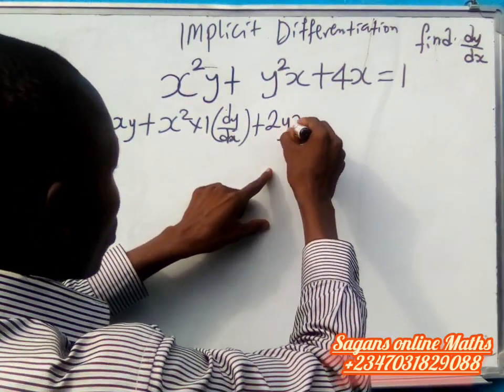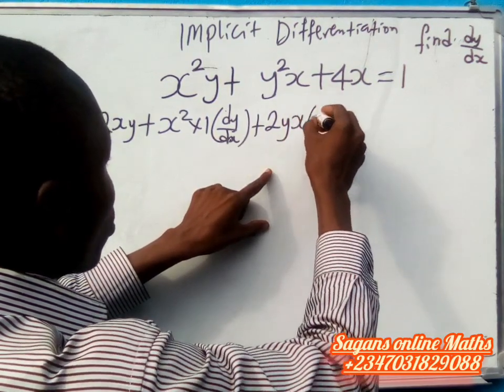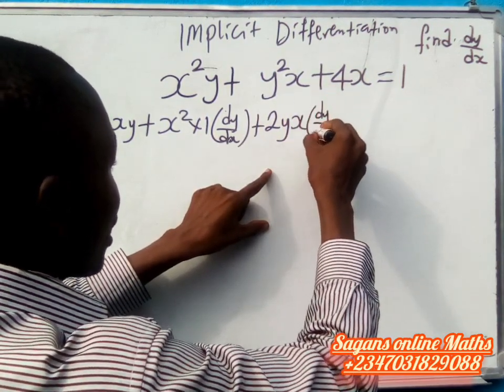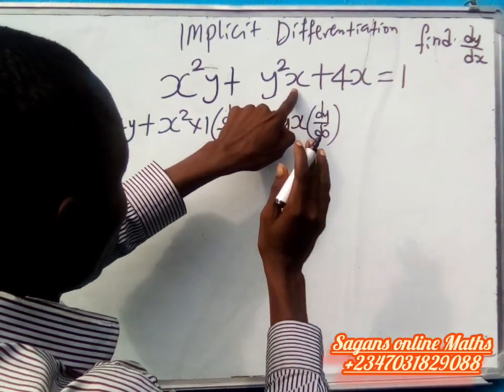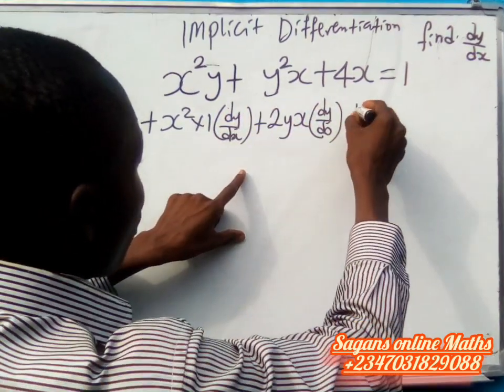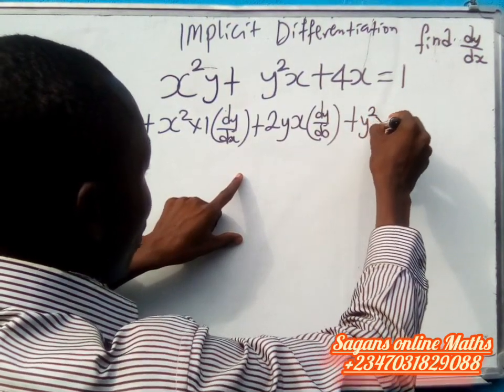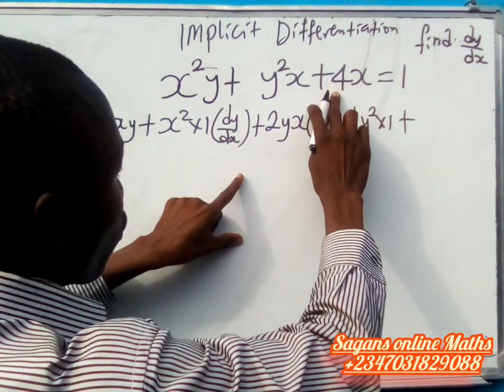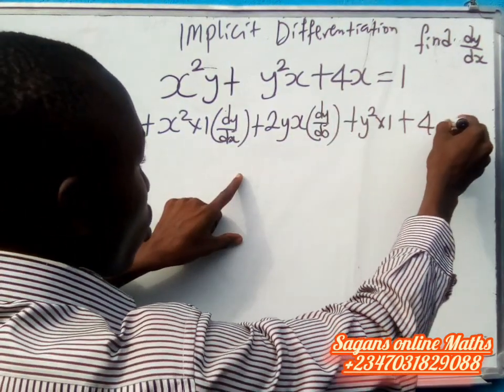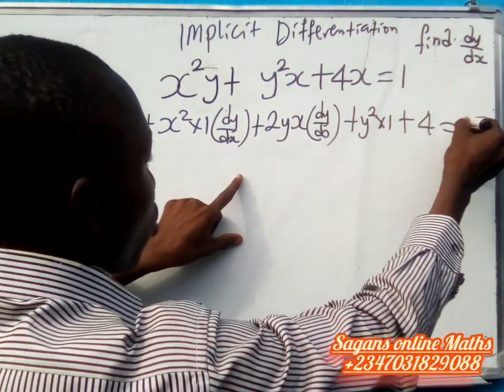Then I differentiate x and keep y constant. Differentiating x gives 1, so I'm left with y squared multiplied by 1. Then differentiating 4x gives 4, equals, and differentiating a constant gives 0.